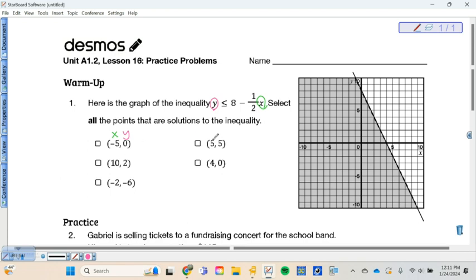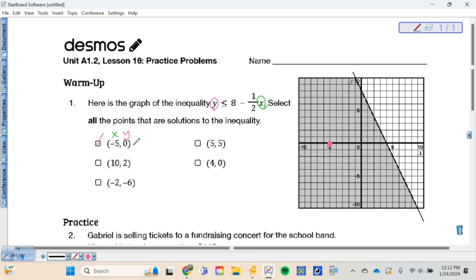Yeah, they're ordered pairs. They're points on the graph. So negative 5, 0, that's right here. Is that in the solution set? Yeah, it is. It's in the shaded area, so I know it's a solution.